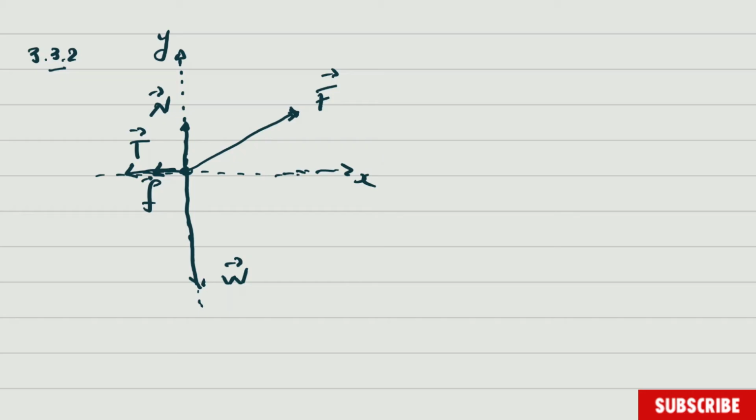This is the x-axis. So when you break this force in two components, you have here F in x, which is going to be equal to F multiplied by the cosine of theta. Theta is this angle which is given to us, and you can see that F in x is the adjacent side to that angle.